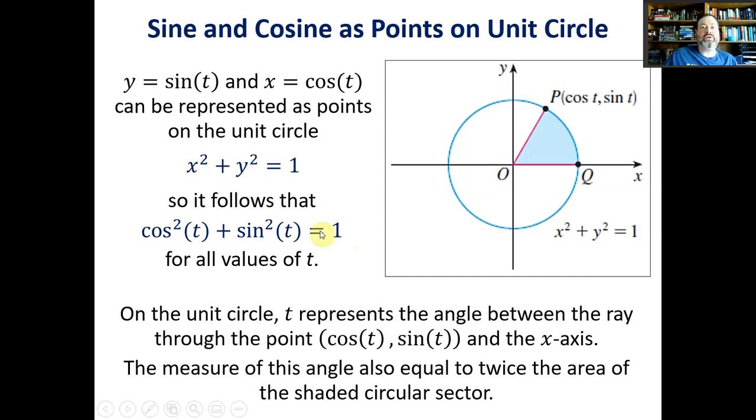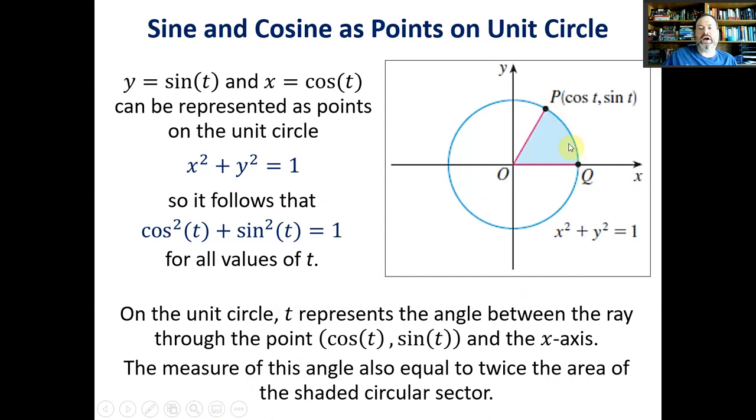You learned this in trig. You called t theta, but this is just a general formula. On the unit circle, t is this angle. And it turns out the measure of this angle is double the area of this sector. We saw that a little bit earlier.